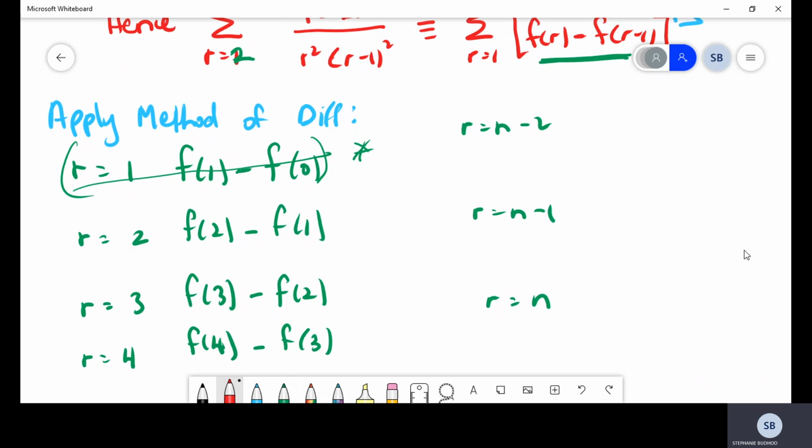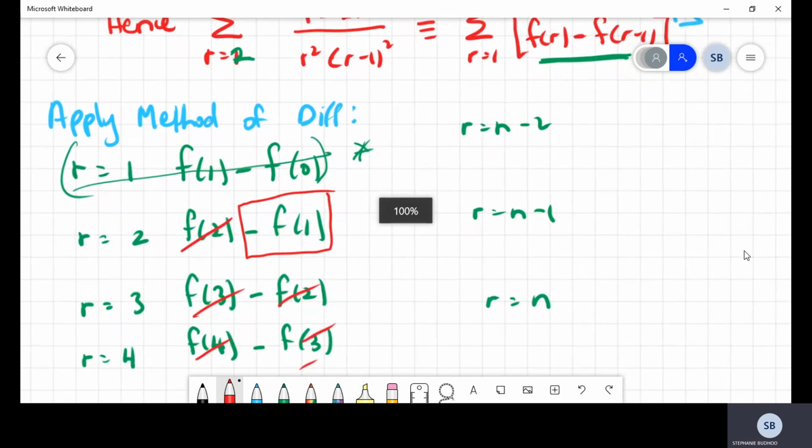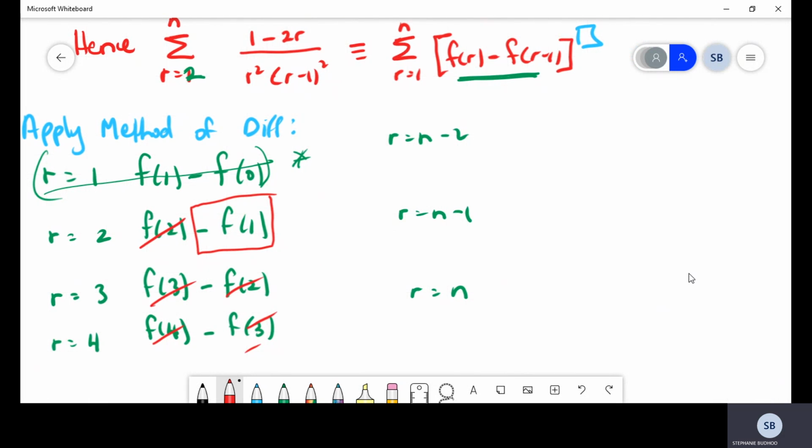So let's see what cancels, by the way. We get this going with this, going with this. Yes, so it would seem this would go with the next term down here. So what we have remaining on this side is a negative f of 1. All right, and on this side here, let's see what's happening. Let me just shift my board a little bit over here.